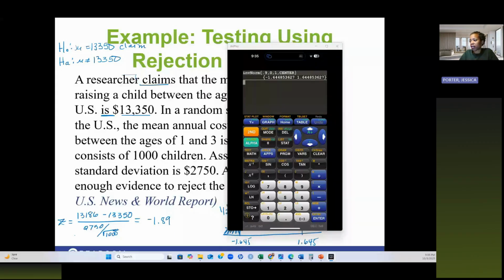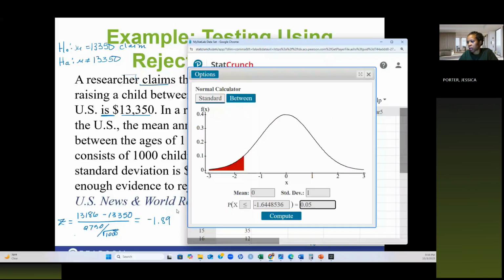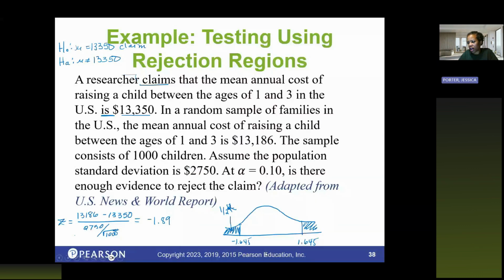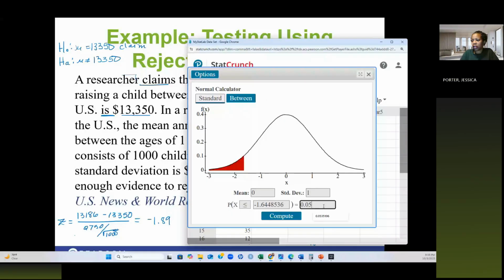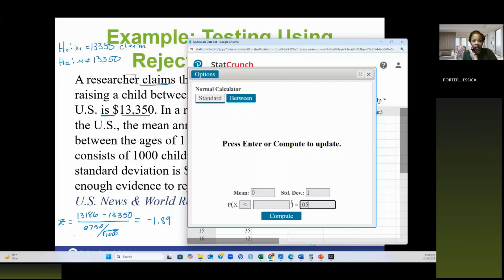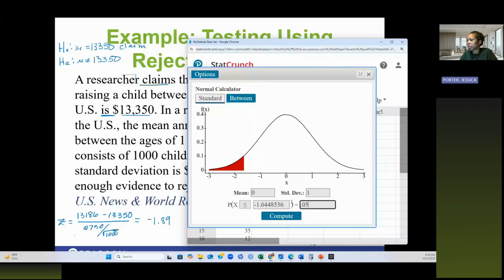So when you're looking at StatCrunch, there's two separate ways that you can do it. There's the standard, and what you're going to look at is that I have half alpha over here. So my alpha on this side is 0.05. I just divide 0.10 by 2, and then I put 0.05 in the area field and hit enter. Let's go through all the steps. Sorry.